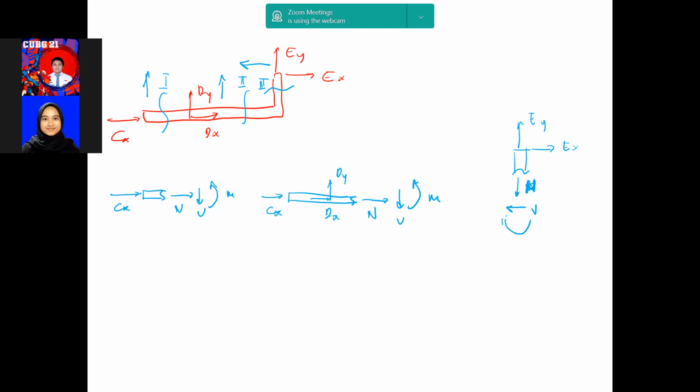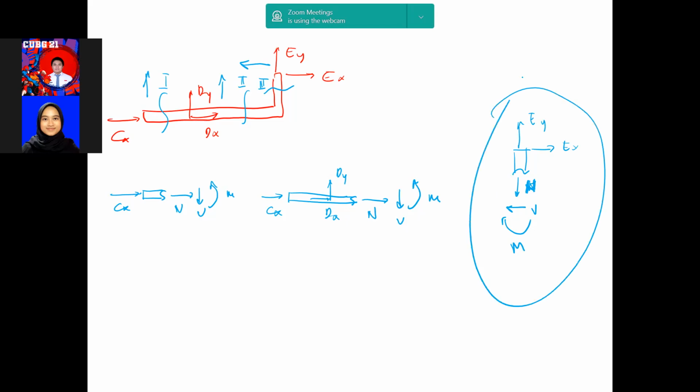This one is moment. Okay, remember the normal force and shear force here and here are interchanging. The normal force is always in the same direction as the beam. The shear force is always perpendicular to the beam, like that.